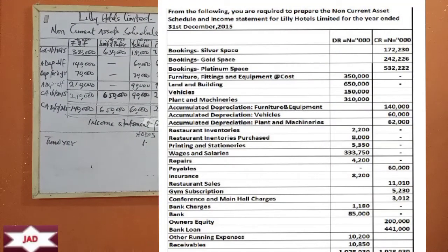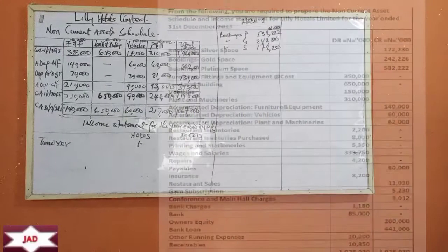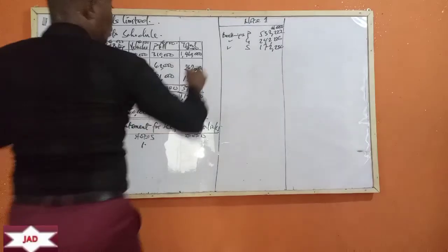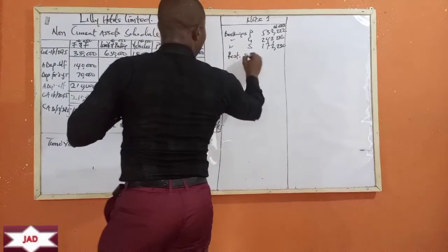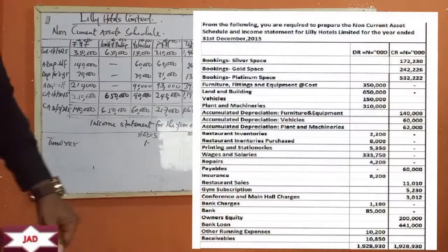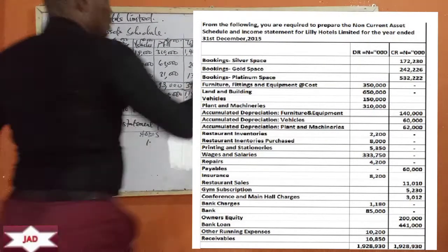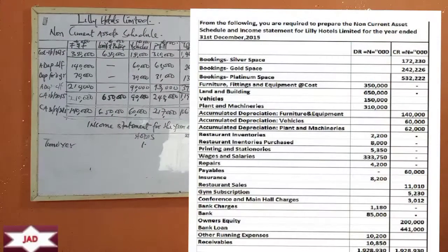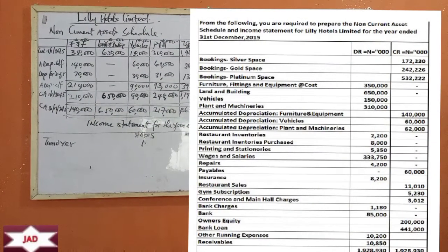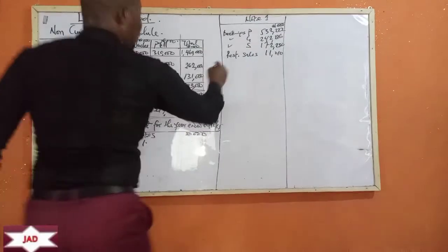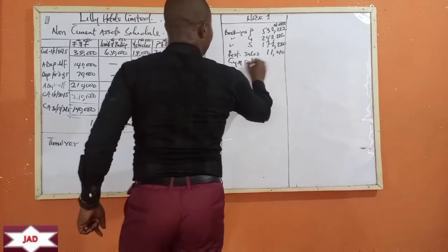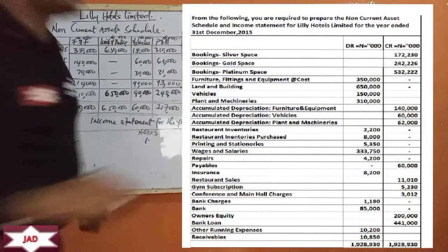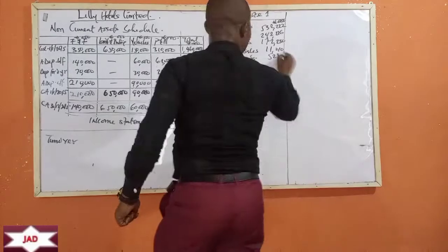Let's go there. I can see restaurant sales. What do you have there? 11,010. What else can you see there? I can see gym subscription. What do we have there? 5,230.